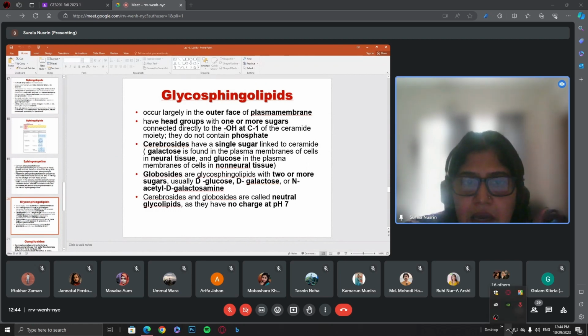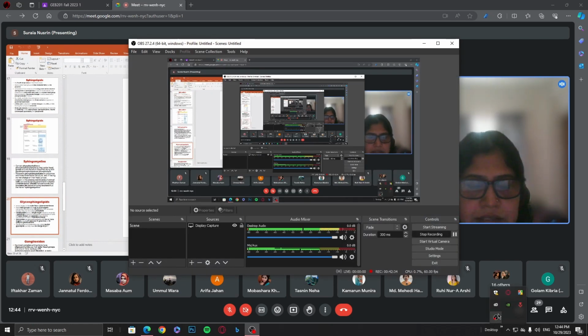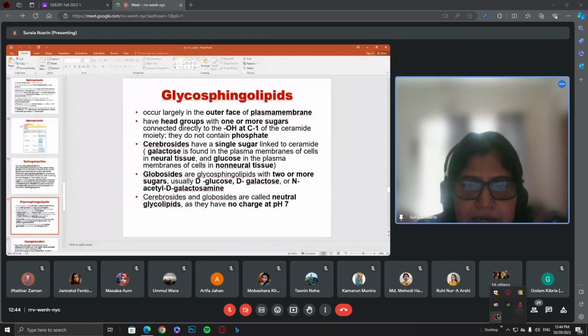So based on how many sugars are present, glycosphingolipids are divided into different types. There is no phosphate present. The polar head group sugar is linked to the sphingosine number 1 carbon by a glycosidic bond.